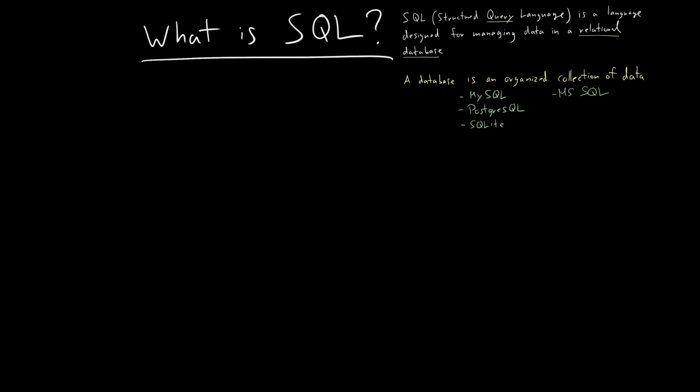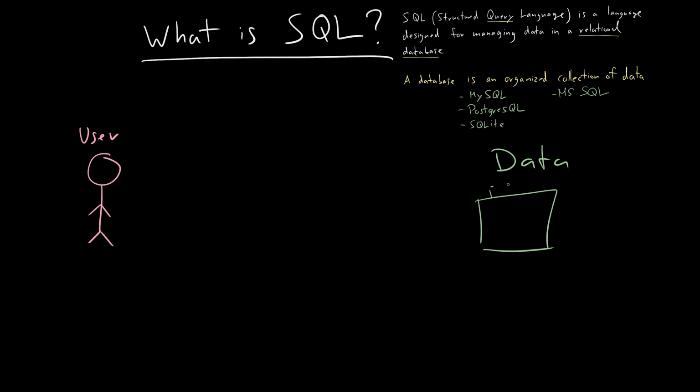Let's draw a little figure to show you how exactly these things are related to each other. So for example, you are the user, all right? You are the user, and you have a bunch of data, which I'll show right here, a bunch of little pieces of information.